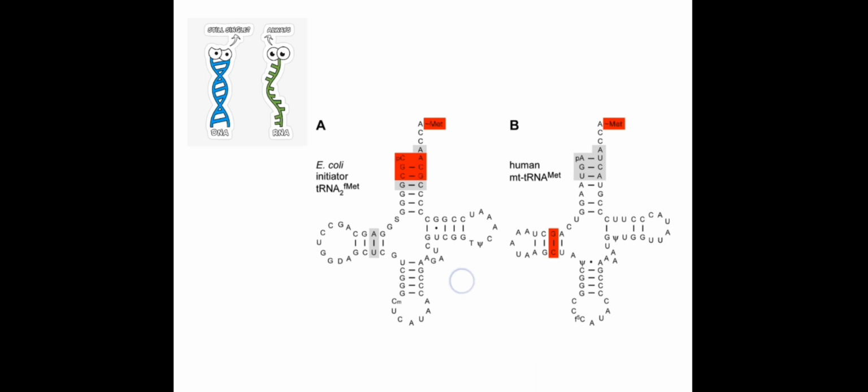This is the variable arm, and this portion we call the anticodon loop. So how many types of structure can we see in a single tRNA? First, the acceptor arm. Second, the T psi C loop. This is the DHU loop, and this is the anticodon loop along with the variable arm.